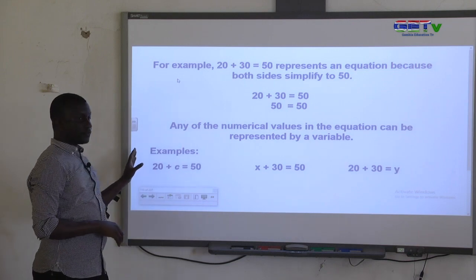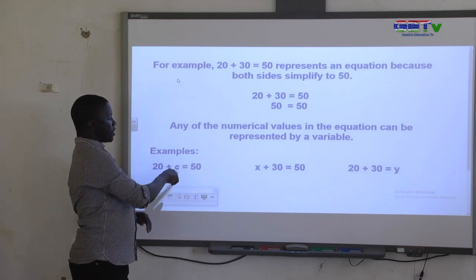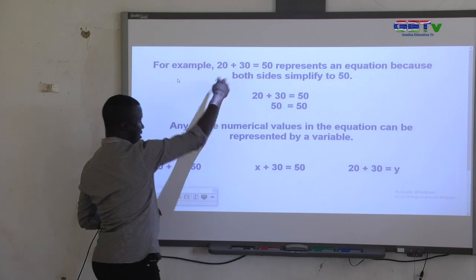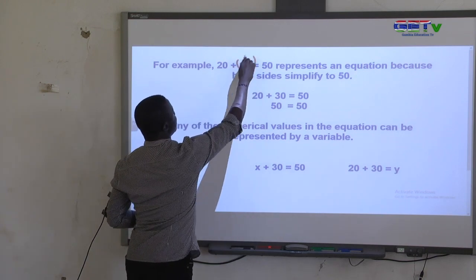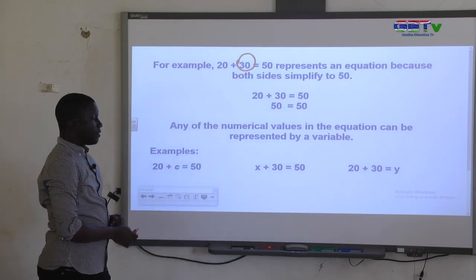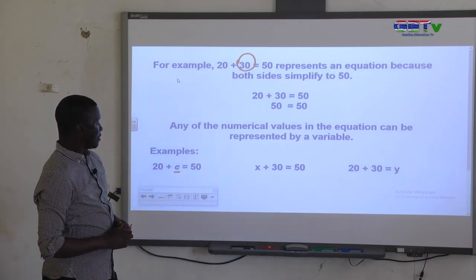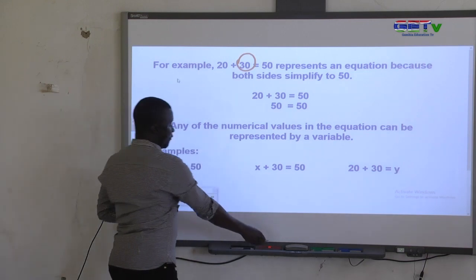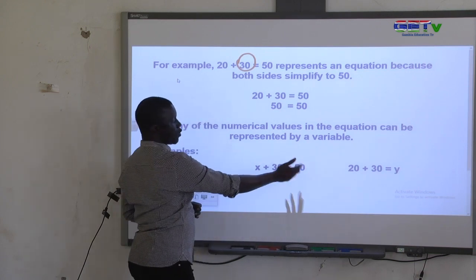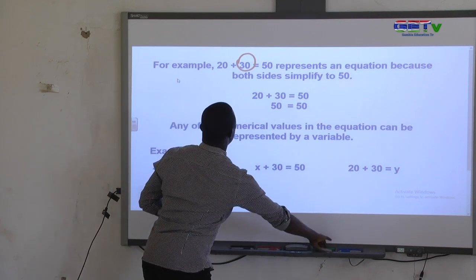Example here: 20 plus C equals 50. We replace 30 here by a variable C. And then we further went on: X plus 30 equals 50. What did you see?